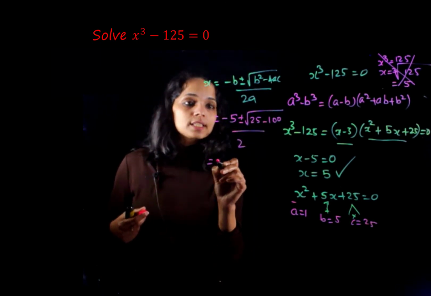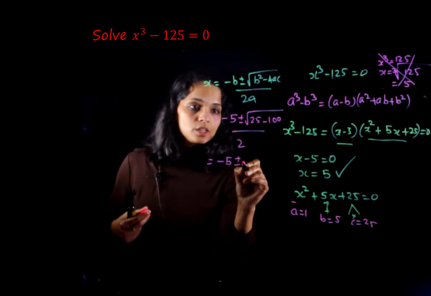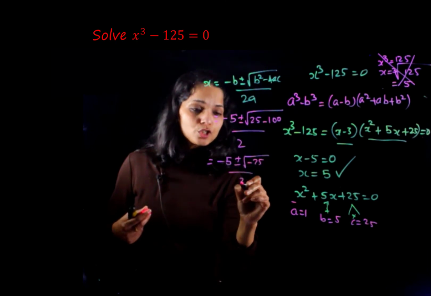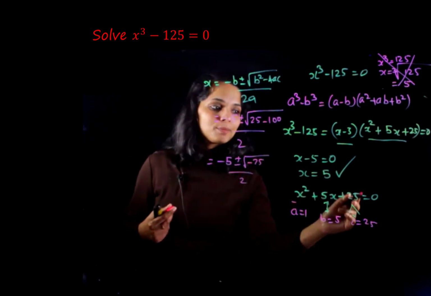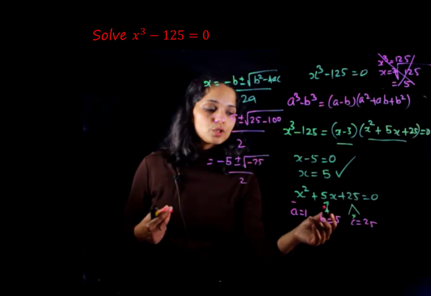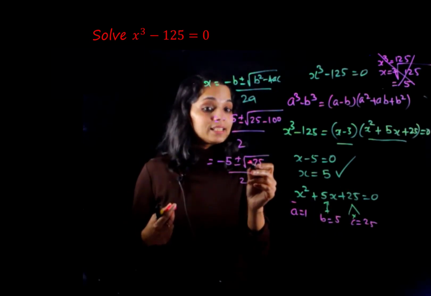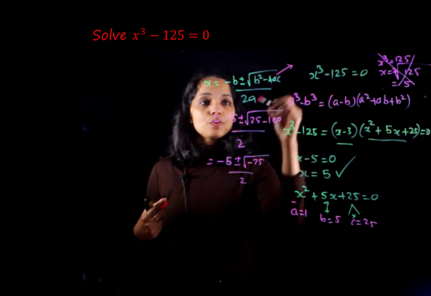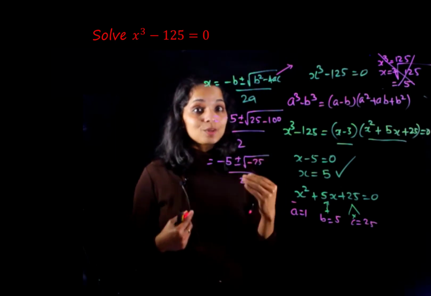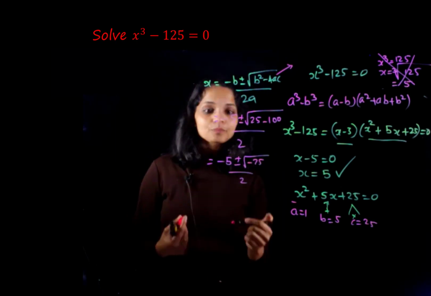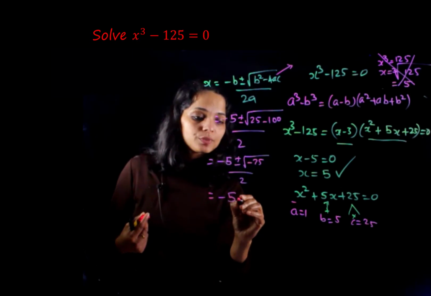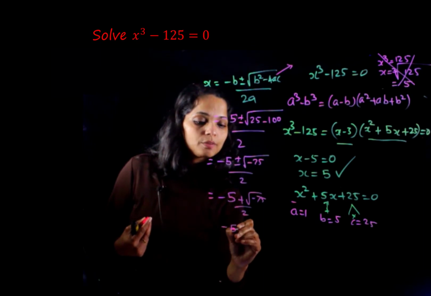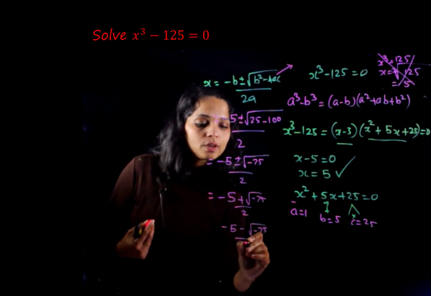So the solutions are minus 5 plus or minus root of 25 minus 100, which is minus 75, on 2.